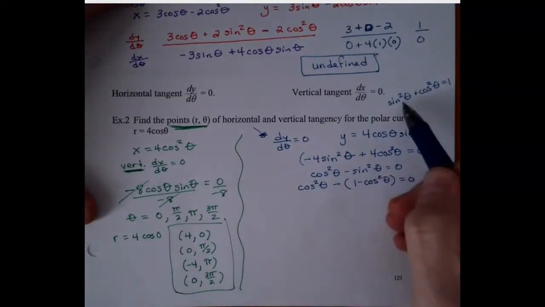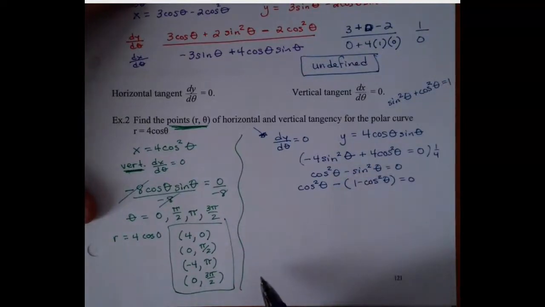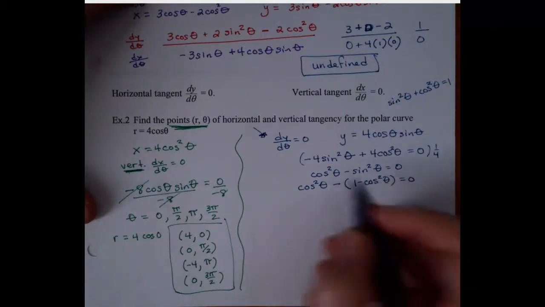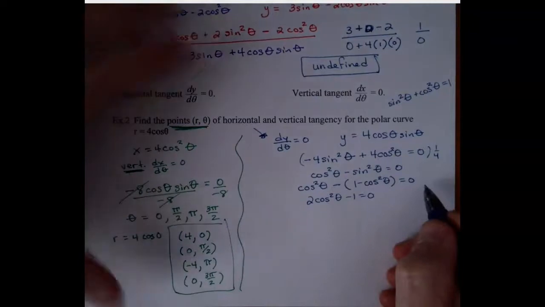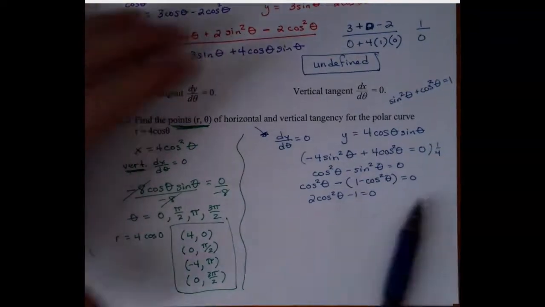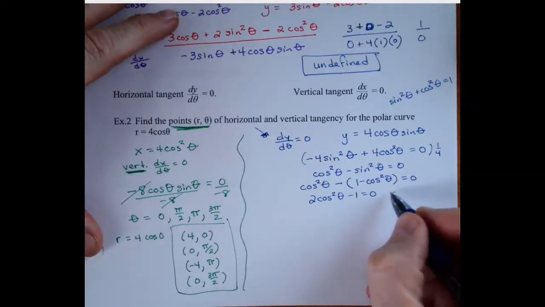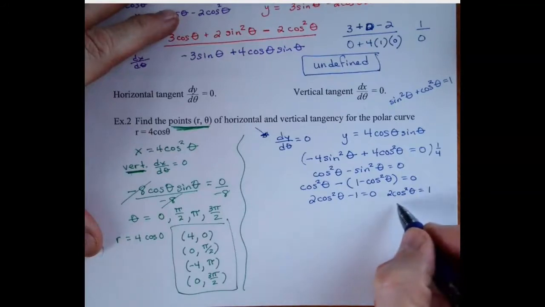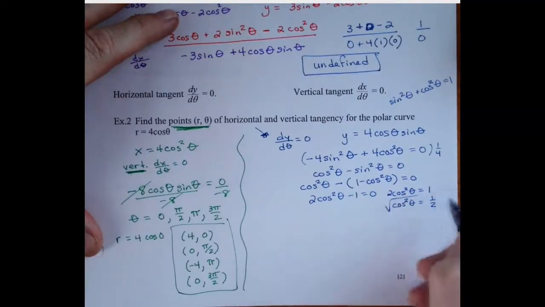So sine squared equals 1 minus cosine squared, and we're going to make that substitution there. Now if we distribute this, that'll be positive, so we'll have 2 cosine squared theta minus 1. If we add 1 to the other side, we'll have 2 cosine squared theta equals 1. Divide by 2, so cosine squared equals 1/2, and square root both sides.